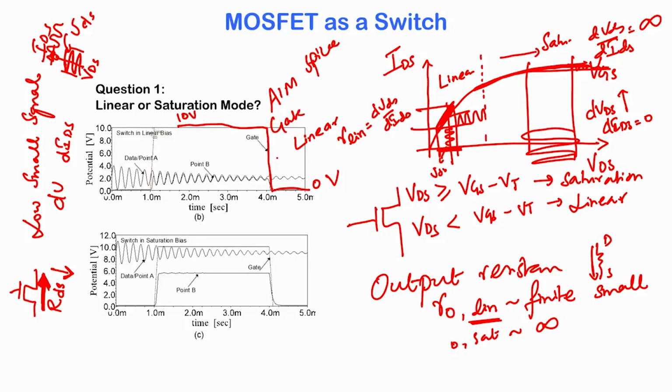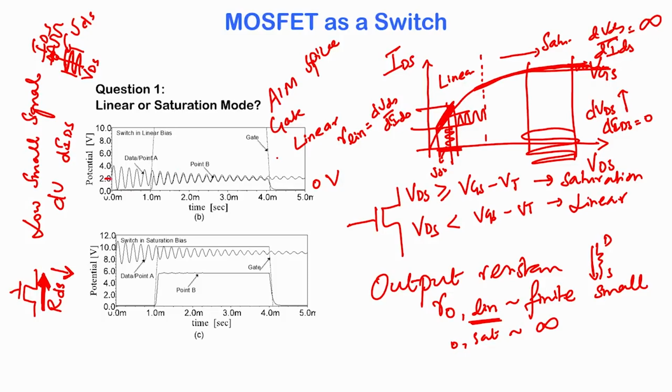The source is generally at ground because that is my point B. So, this line you see here is point B, and this is the voltage fluctuation at point A. So, you can see a small signal that is trying to get across. Okay, it is a dying out sine wave, but what is the average value of the signal?